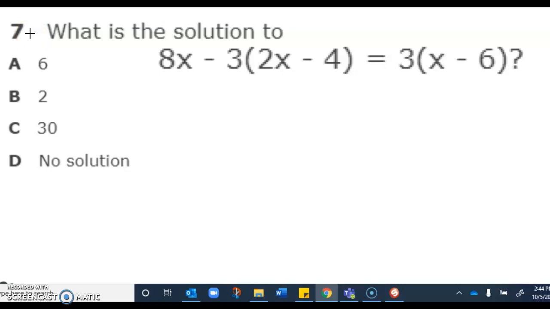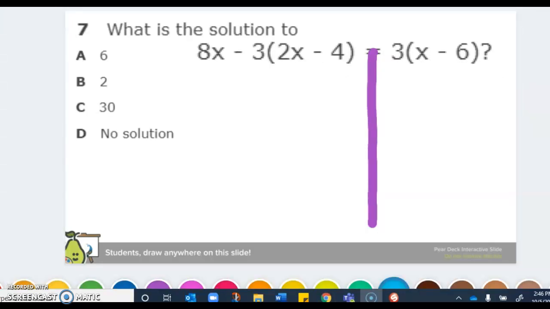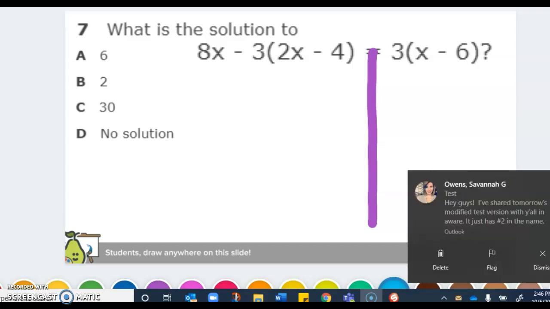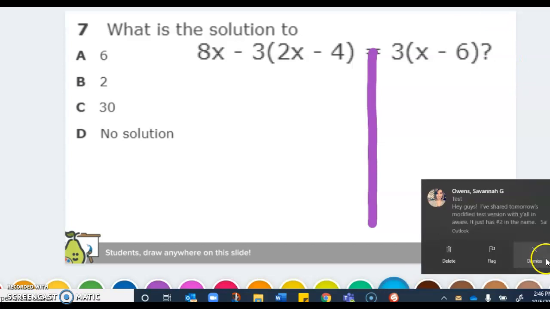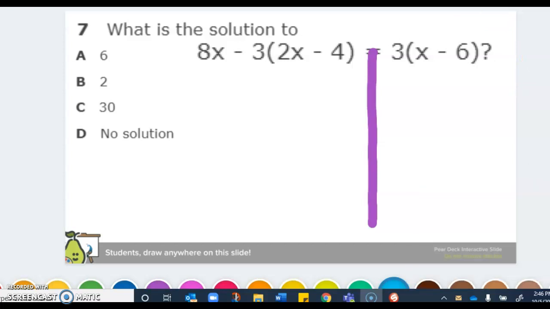We're going to split up our problem. Once we split up our problem, we look to the left side and see if there's anything for me to simplify. I know that on this left-hand side, I can distribute this -3. I'm going to multiply it by 2x, and I'm going to multiply it by a -4.